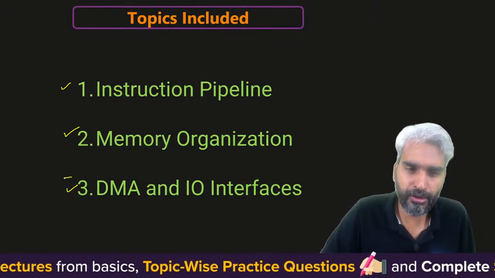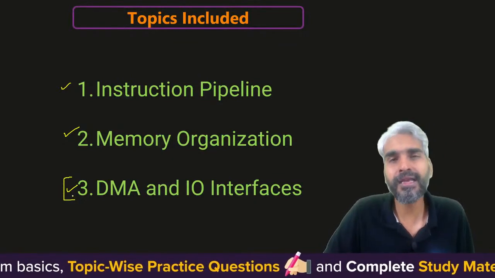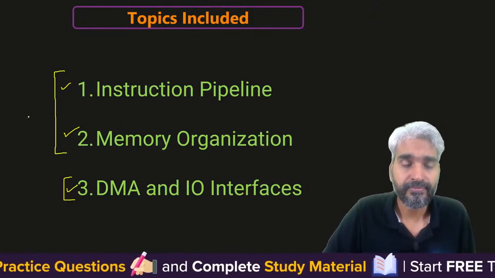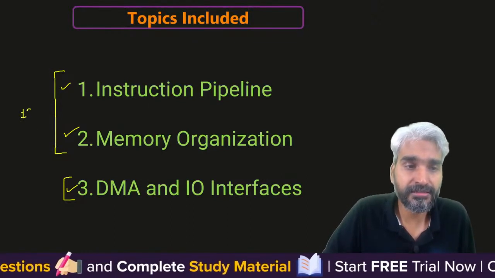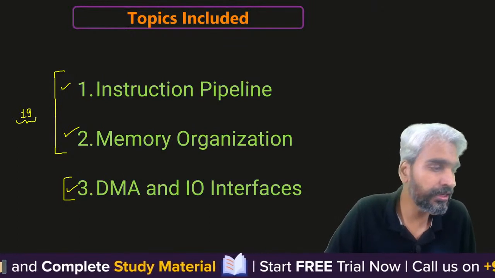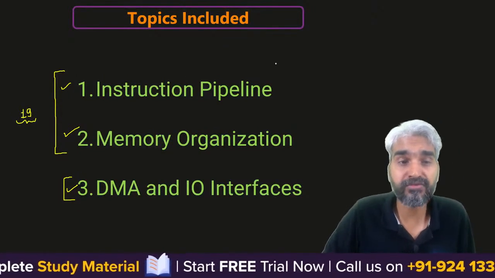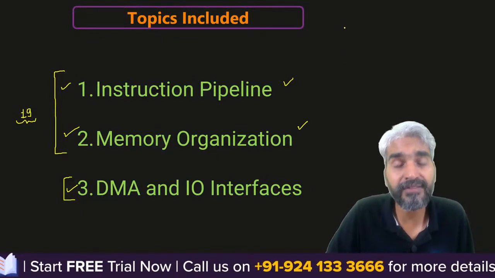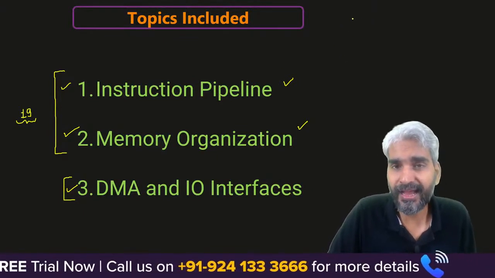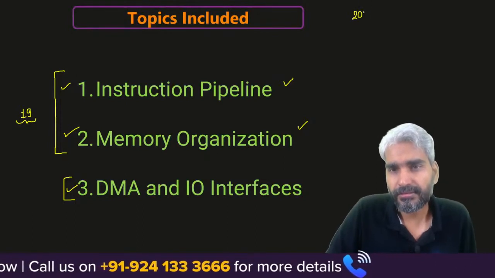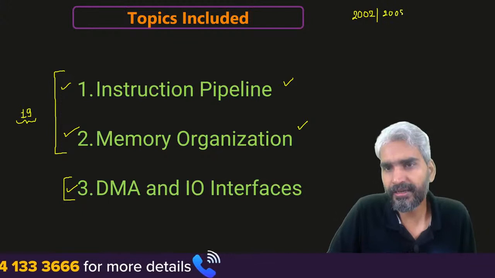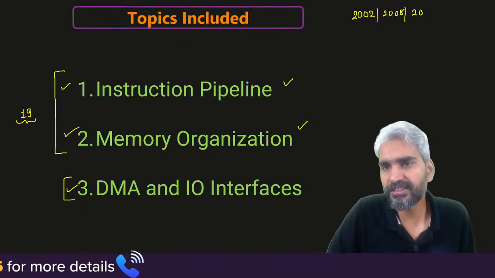There will be only two questions from DMA and IO interface, but there are 19 questions. Please mark this number. There are 19 questions from the topic of instruction pipelining and memory organization, including 2002, 2008 and 2016.